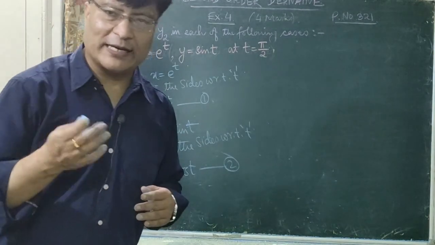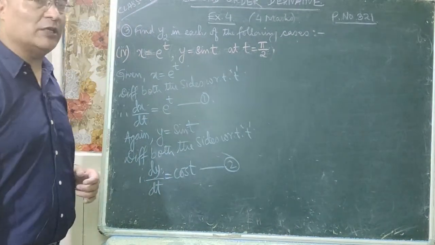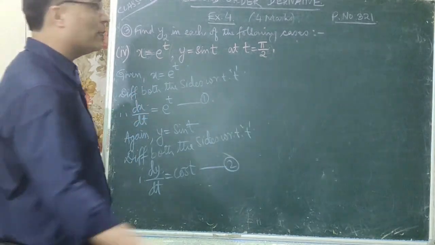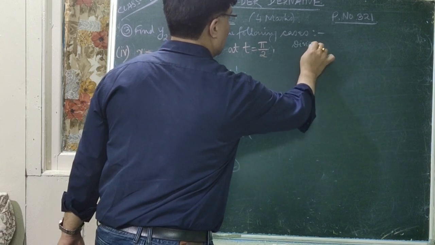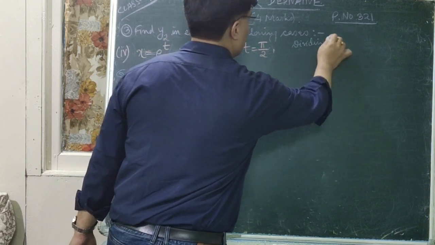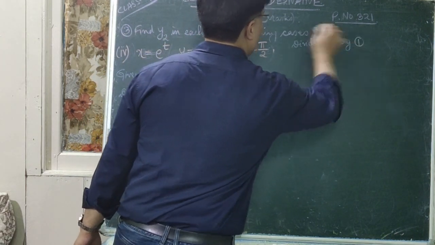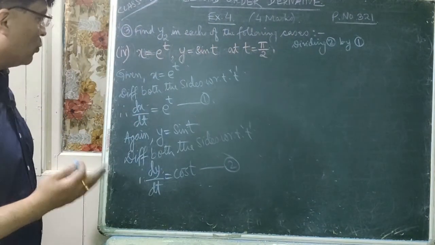Now what should you find out? You have to find out the value for dy by dx. That is dividing 2 by 1, right? The 2 लाई हामी 1 ले divide गर्छौं.